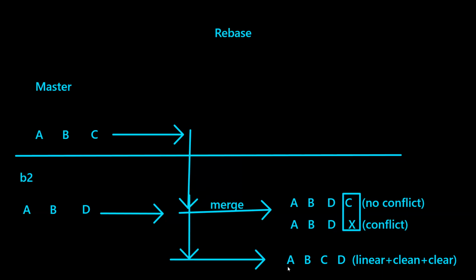What is linear development, and what is parallel development? Parallel means, as I wrote with these arrows, that on the master branch they were doing something and on B2 they were also doing something, in parallel. Linear means one after the other.